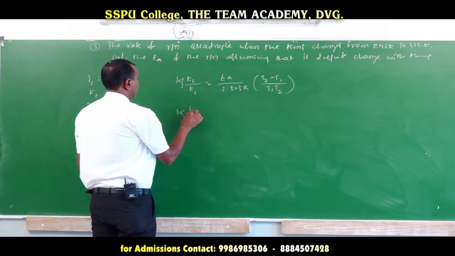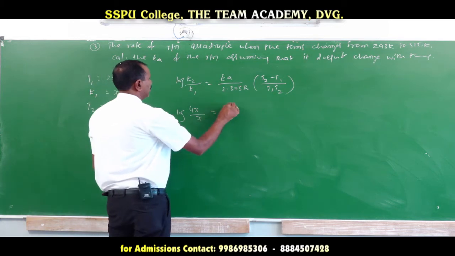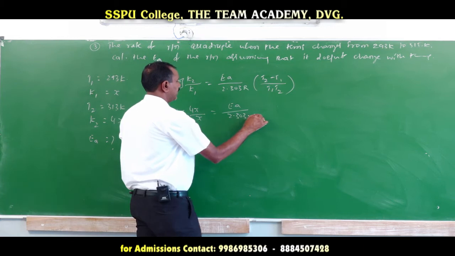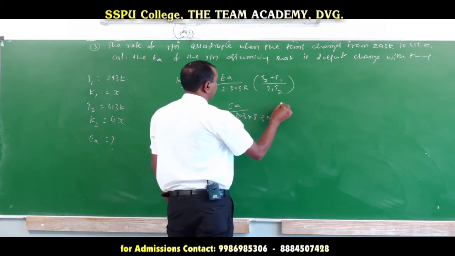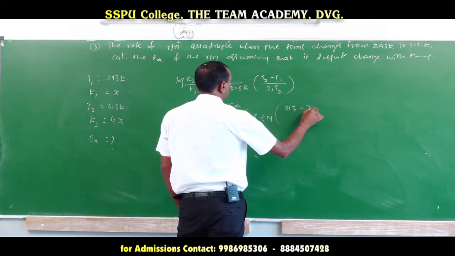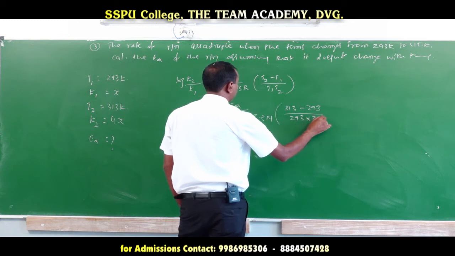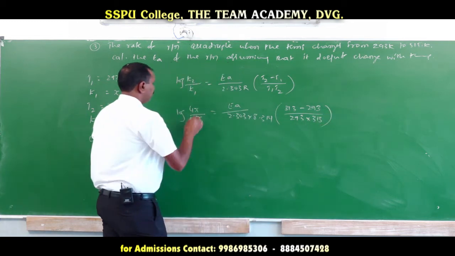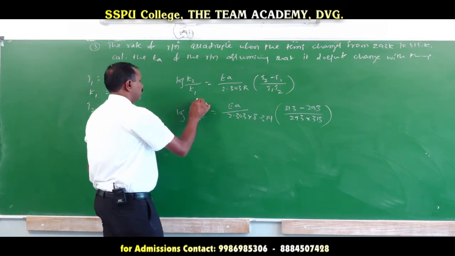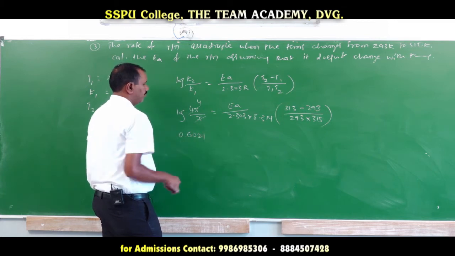Log of K2 is 4x divided by K1 is X. EA by 2.303 R, that is 8.314, into T2, which is 313 minus 293 by 293 into 313. 4x by x is nothing but 4. The log 4 value is 0.6021.